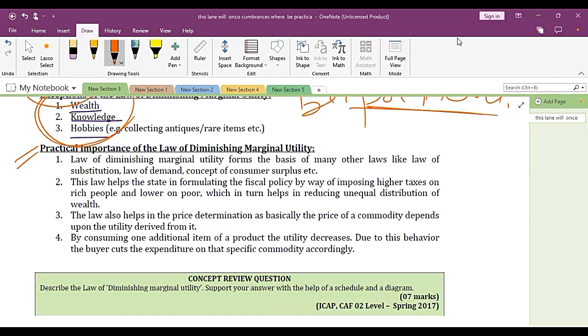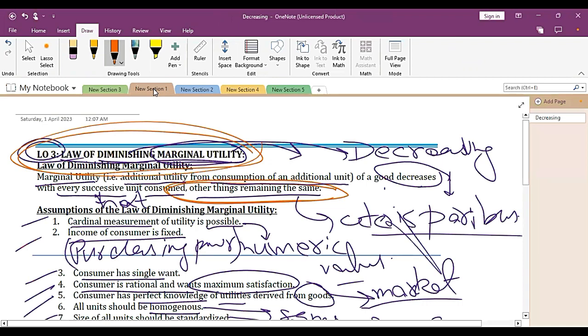Today we are present in our next economics class, in which we are going to cover our previous learning objective that we have already started, which relates to the law of diminishing marginal utility.